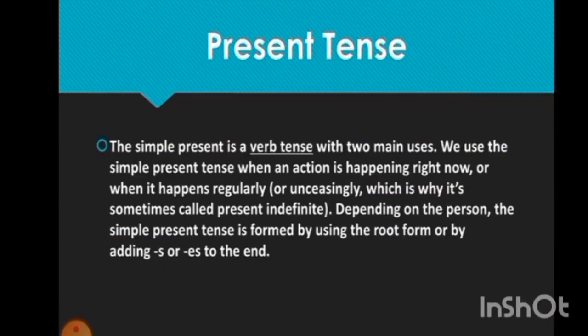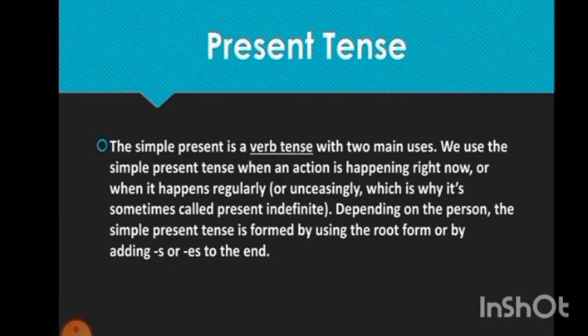The simple present tense is a verb tense with two main uses. We use the simple present tense when an action is happening right now, or when it happens regularly or unceasingly, which is why it's sometimes called present indefinite.